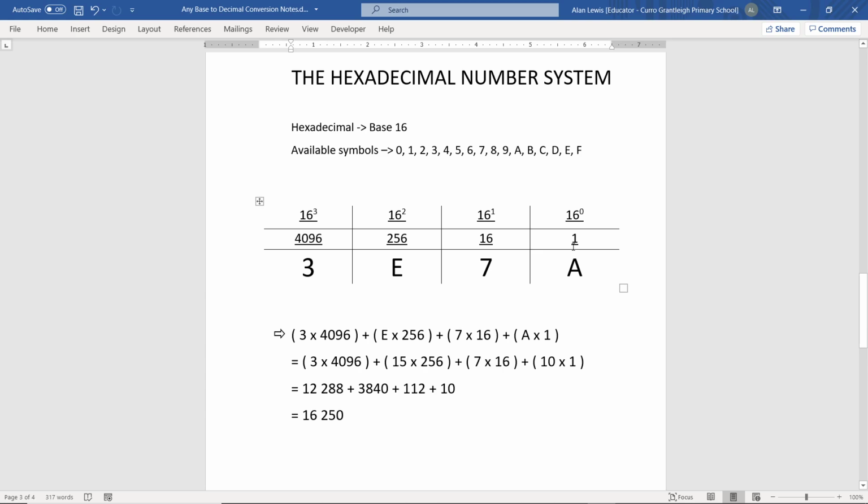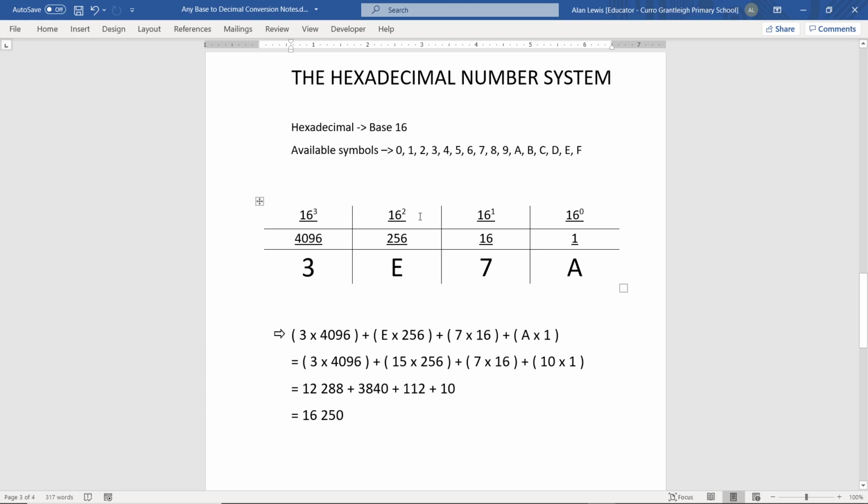Now in decimal, we saw that each column got 10 times bigger. In binary, base 2, we saw that each column got 2 times bigger. Here, we're in base 16, so each column is going to get 16 times bigger. So we've got 1, 16, which is 16 to the power of 1.